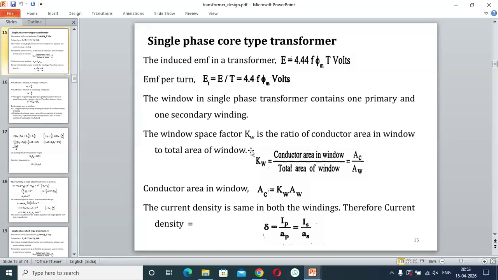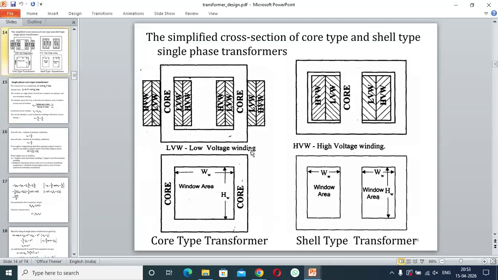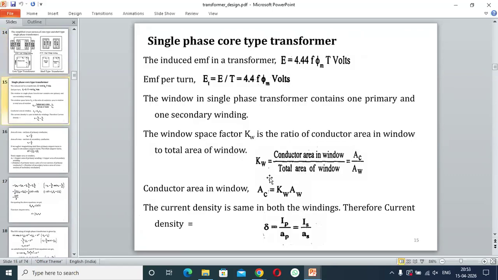As we understand, suppose we're talking about the core type. So this is our total window, or the area where we have to accommodate these two windings of this type and this type. So how much area we require, we go through this. The window space factor KW is the ratio of the conductor area in the window to the total area of the window.